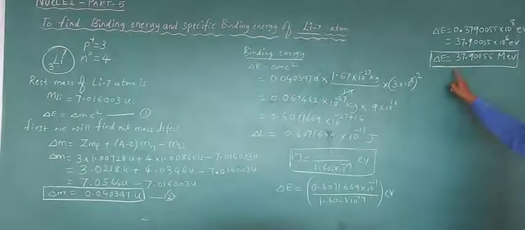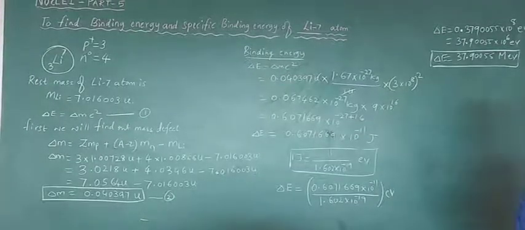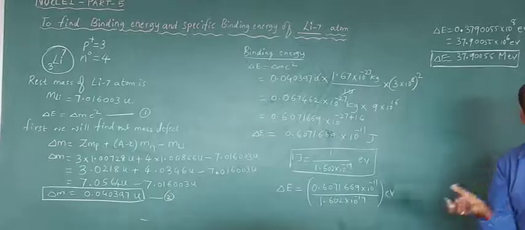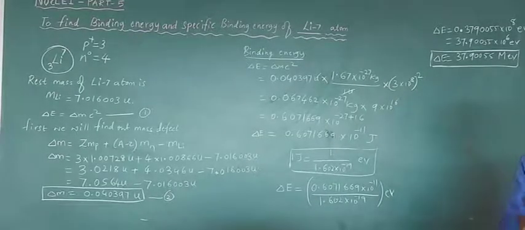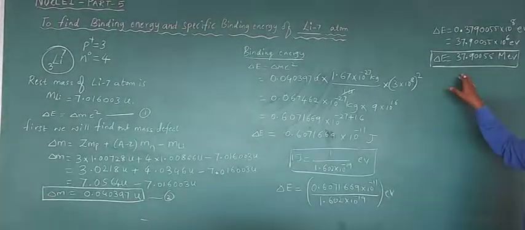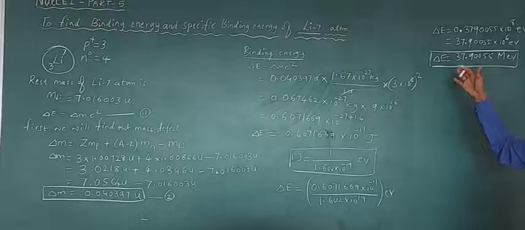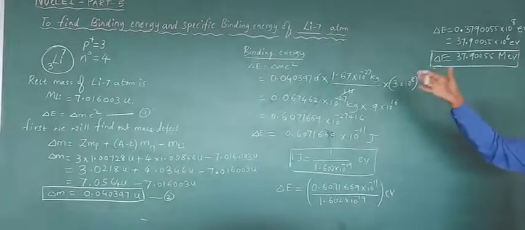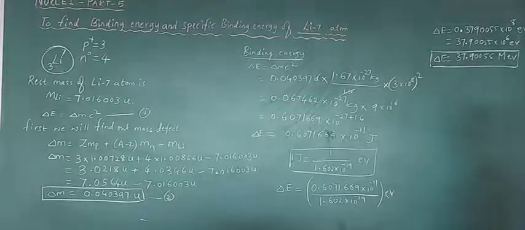Due to that mass defect, when these 4 neutrons and 3 protons combine together, this much energy is released during the bonding. That is called the binding energy of the lithium 7 nucleus.